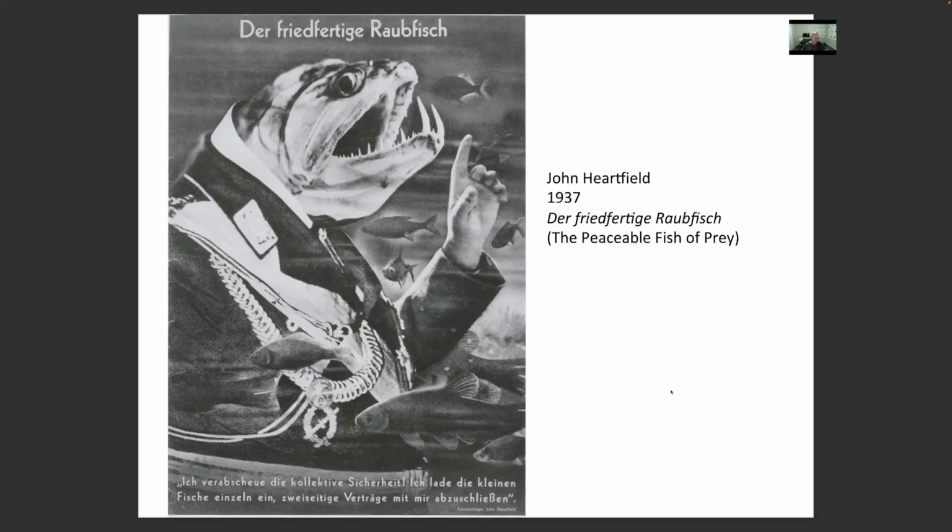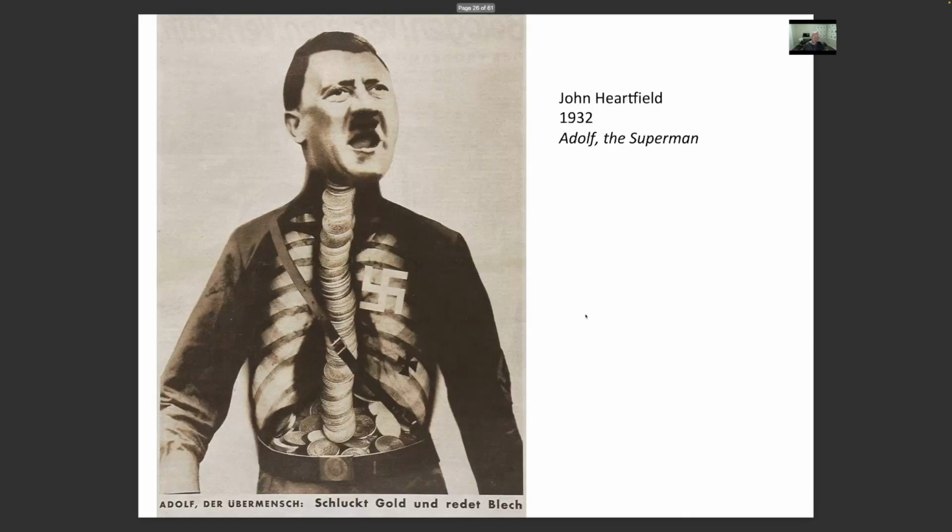This is John Heartfield. He was a German artist just before World War I, and he would flee Germany during World War II. Here, you can see that John Heartfield is not a fan of Adolf Hitler, who's coming into power here in 1932.